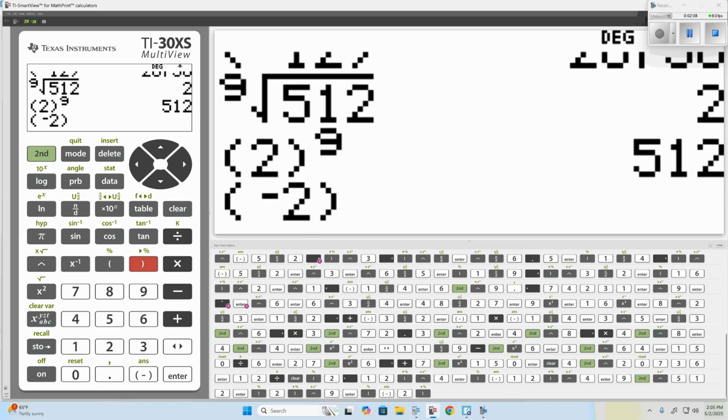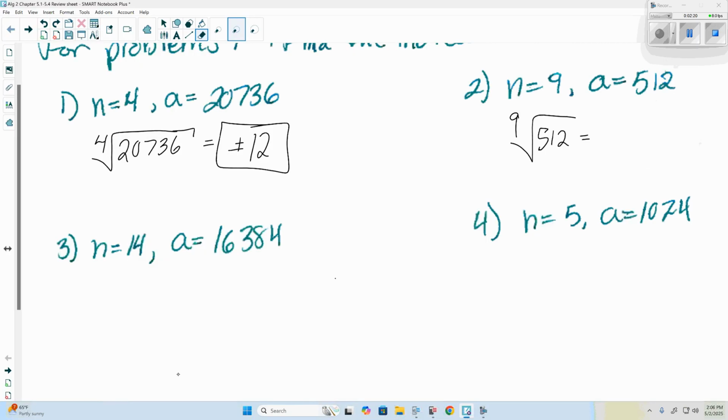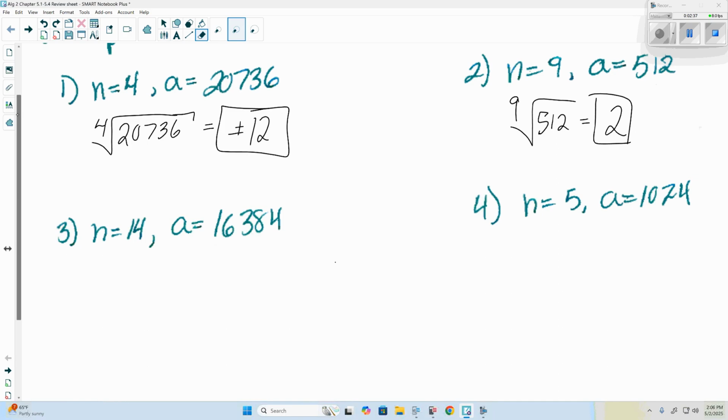Now what's negative 2 to the ninth power? Negative 512. If it was an even root, it would have turned that negative back positive. But with an odd root, if it starts positive, it's going to stay positive. If it starts negative, it's going to stay negative. So that's why we only have one real number for odd roots and 2 real numbers for even roots.